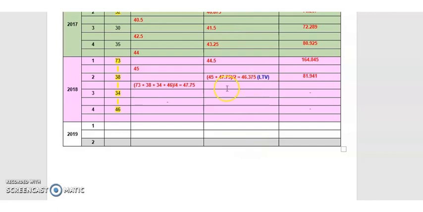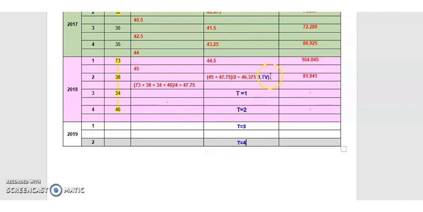From the last trend value, here t equals 1, here t equals 2, here t equals 3, and here t equals 4. So make sure you put time at each quarter.